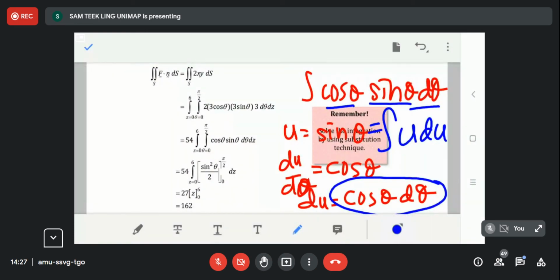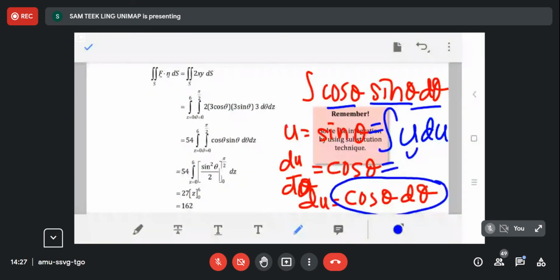So u du, you integrate, you will get u power 2 divide 2. Now your u is sine, so you substitute inside, you will get sine power 2 theta divide 2.